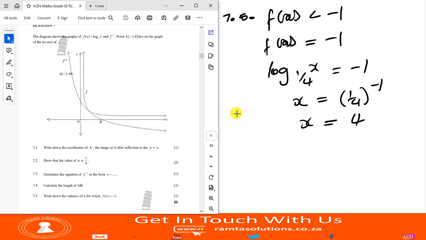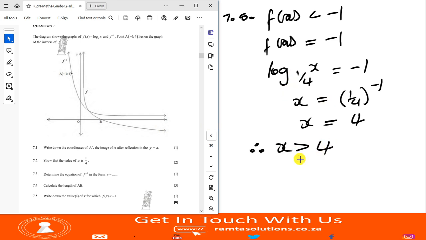Now pay attention, guys. I said x is equal to 4 is here, but this question says y must be less than minus 1. To say that, it means you must go down. Now as you go down, look at this function. As y goes down, x goes to the right. So therefore, we can say this is when x is greater than 4.